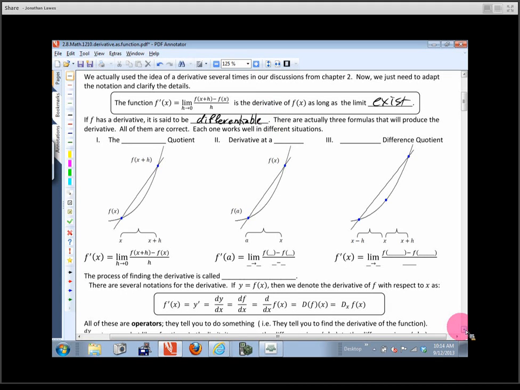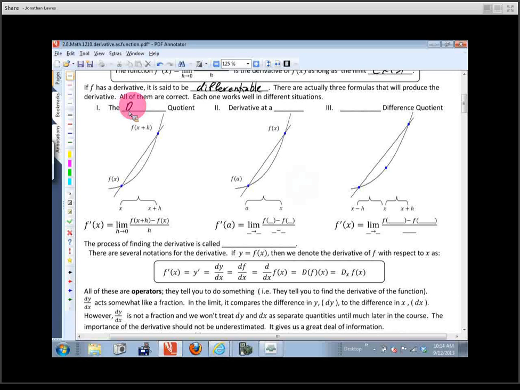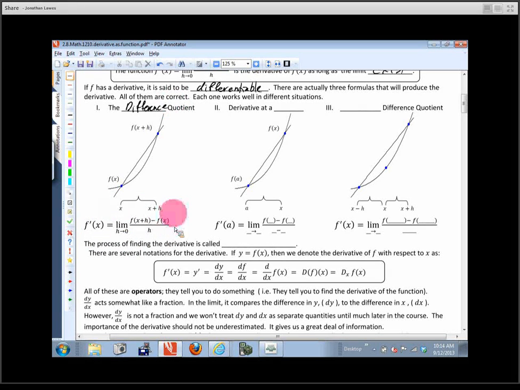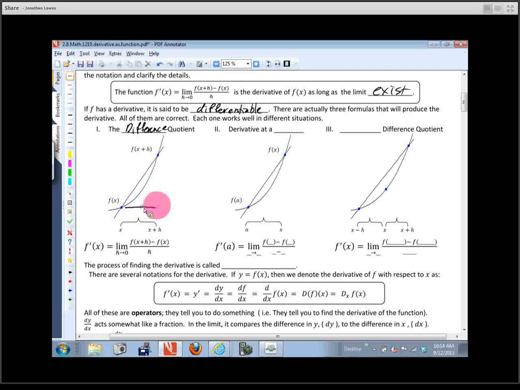And there are actually 3 different forms of the derivative, and I'm just going to go over these really quickly because we've seen at least 2 of these before. This is called the difference quotient. So this right here, it's the definition that comes up most often. It's the definition that's used in the box up above. And we're literally doing this. We're looking at 2 points.